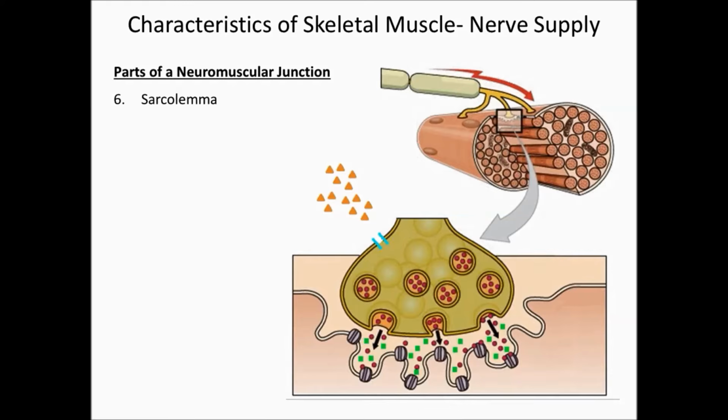On the sarcolemma, you will find chemical-gated sodium ion channels. Chemical-gated sodium ion channels open in the presence of neurotransmitter. So when a neurotransmitter binds to a receptor on the chemical-gated sodium ion channel, the channel will open. And finally, within the synaptic cleft, you will find free-floating sodium ions.